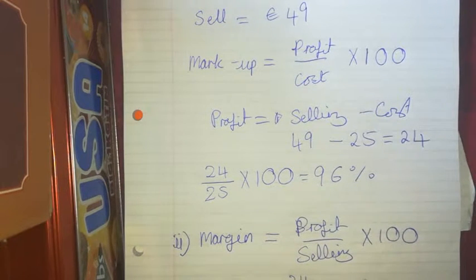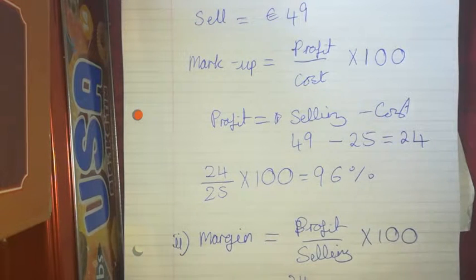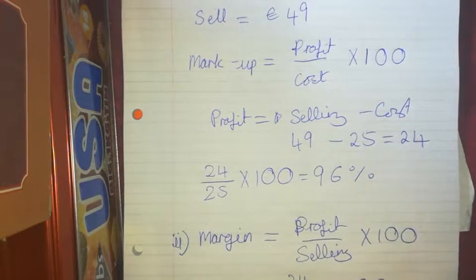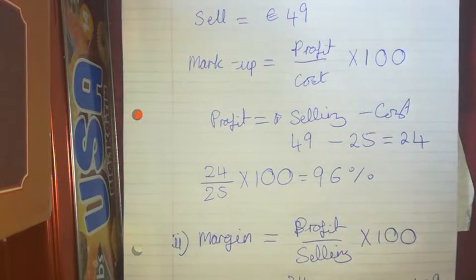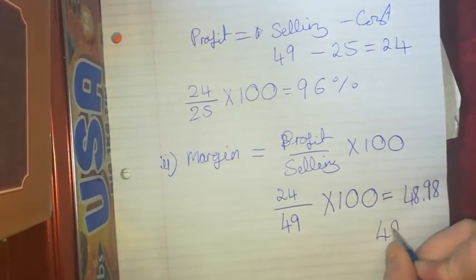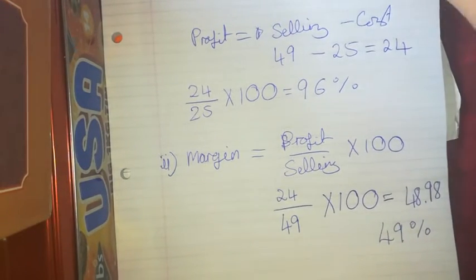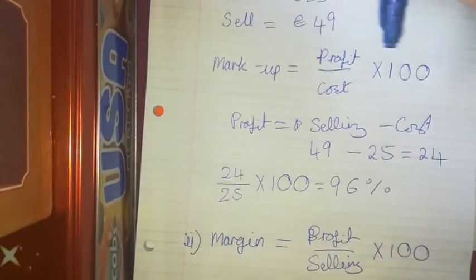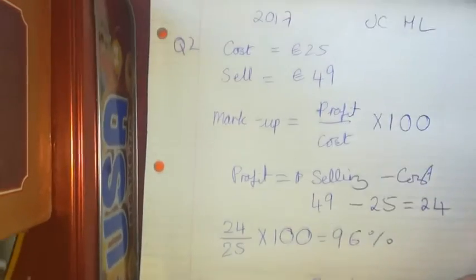So 24 over 49 by 100, and then I get 48.98, but they say correct to the nearest percent, so I'm going to write 49%. So that's the margin.